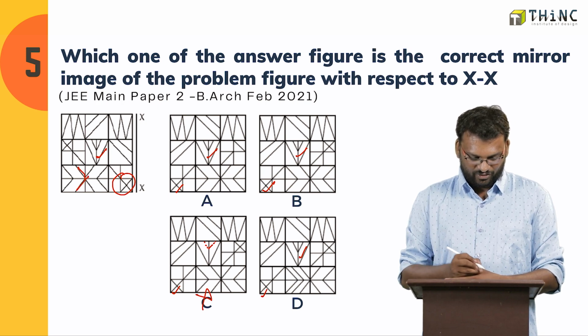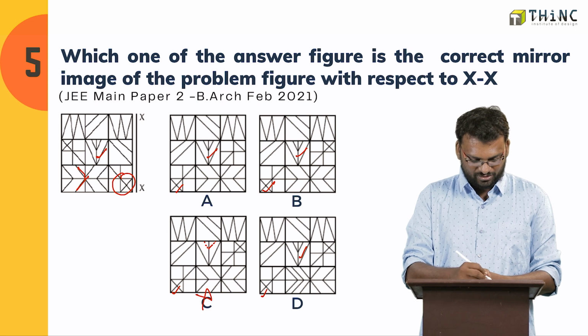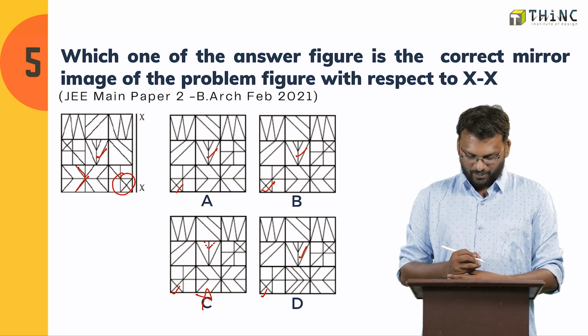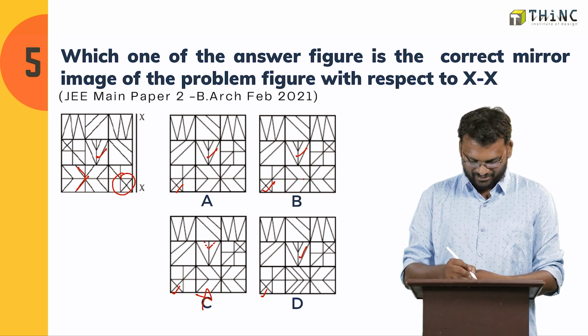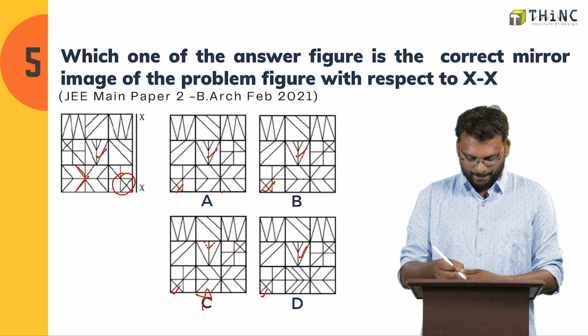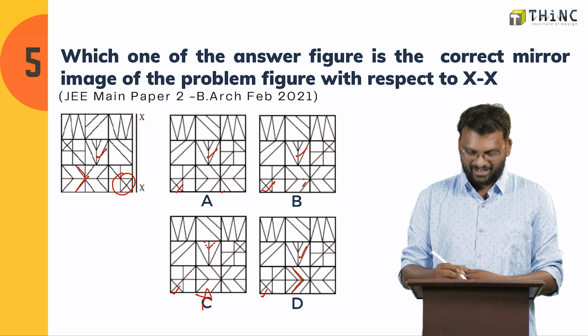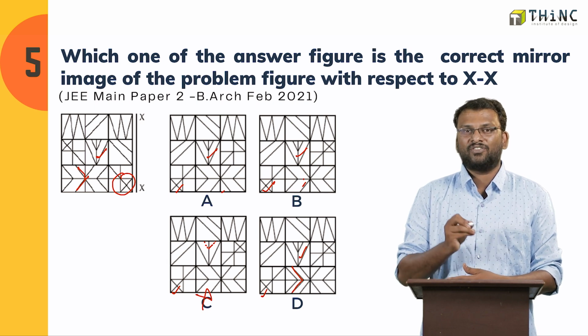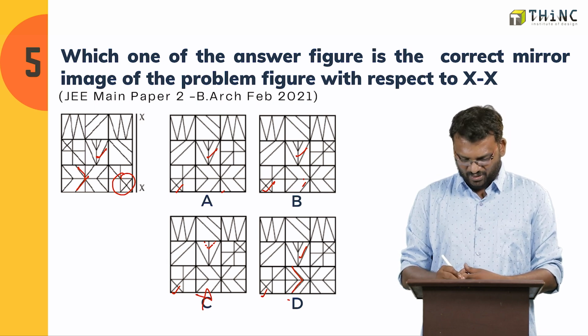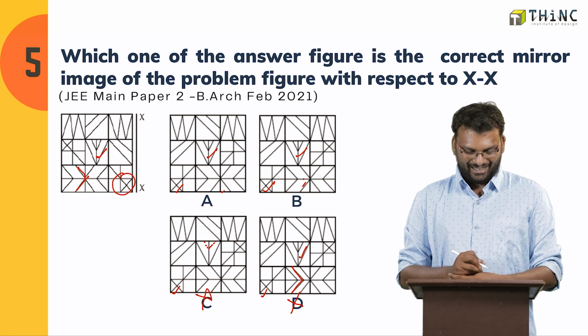We are looking into this box. Option A, it's okay. B, it's okay. But in case of D, you can find an extra line. So option D is also eliminated.